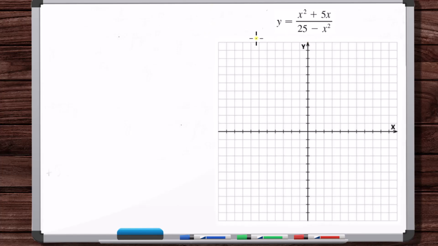All right, step one is you write the domain. So this is a rational function. We can factor the denominator. It's the difference of two squares. We can also factor the numerator.